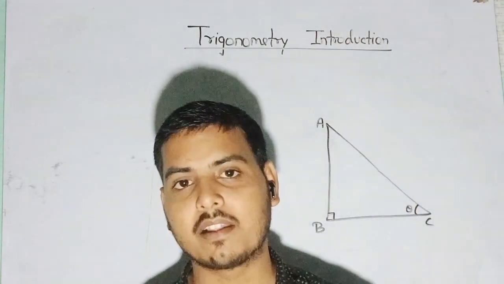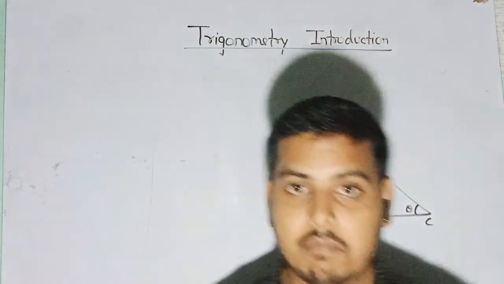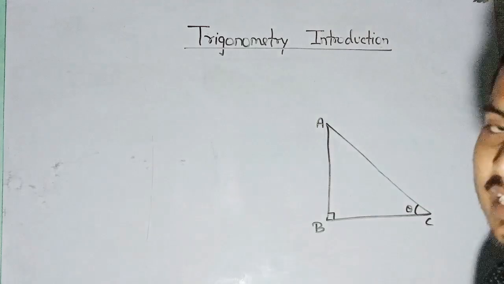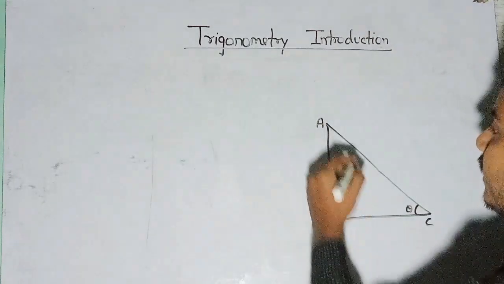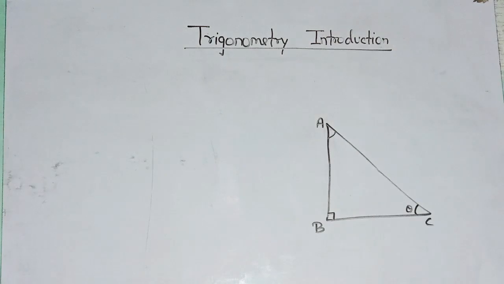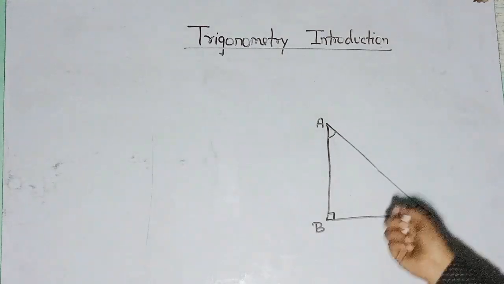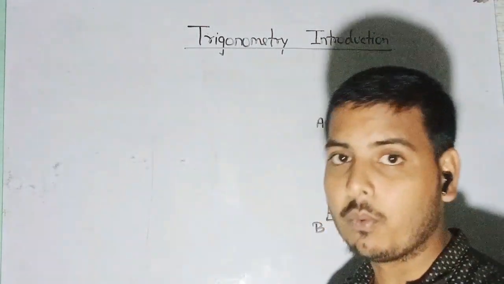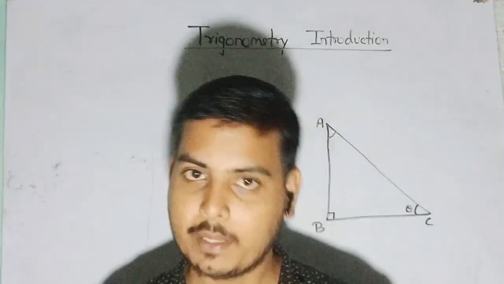A right angle triangle is nothing but a triangle in which one angle is perpendicular, that is 90 degree, and other two angles of that triangle are acute. Which means the other two angles are less than 90 degree, then we can say that that triangle is a right angle triangle. So trigonometry is applicable only in a right angle triangle.